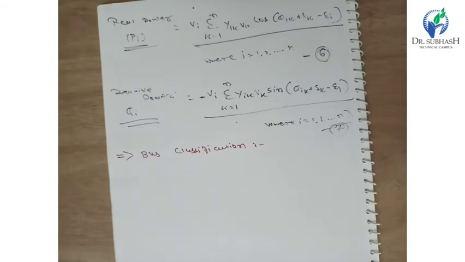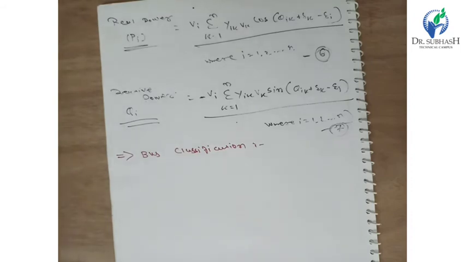The second part is generator buses, and the third part is reference buses. Another name for the reference bus is the slack bus. We all know the classification of buses, but a detailed discussion of load buses, generator buses and reference buses is important for load flow analysis.